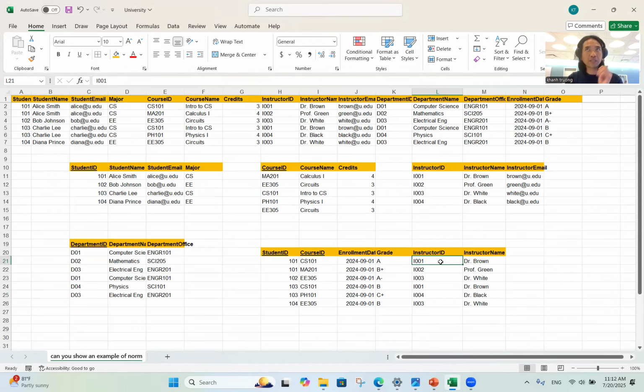It is associated with the course ID. So this violated the second form. The instructor is determined by the course they teach, like the department assigns a specific course to a specific instructor. So you have to fix that by removing the instructor ID.